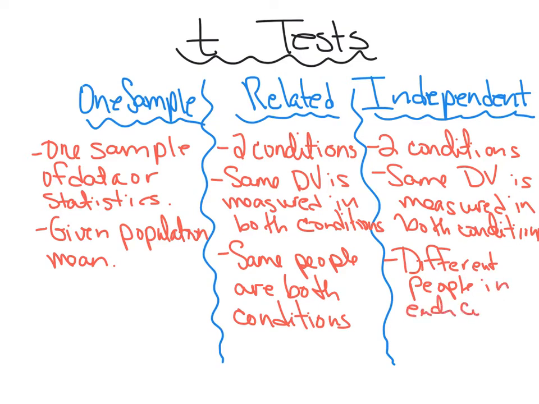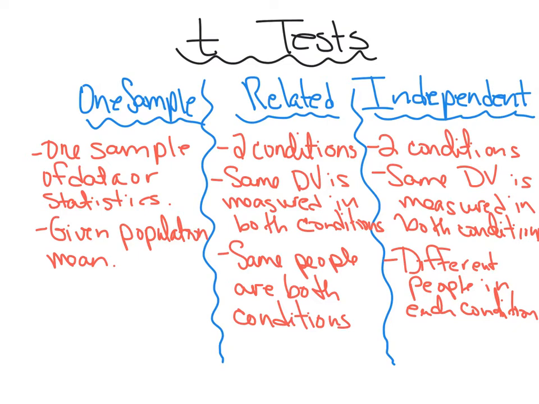So maybe you're looking at, as far as dependent variable, aggression, okay? You're looking at aggression levels in two different conditions. The condition might be gender. So the condition isn't necessarily manipulated, but you have males and you have females. Aggression is being measured in both of those, but the conditions are different, and there are different people in each of those conditions. So those are the key things that you can determine with the three different t-tests.